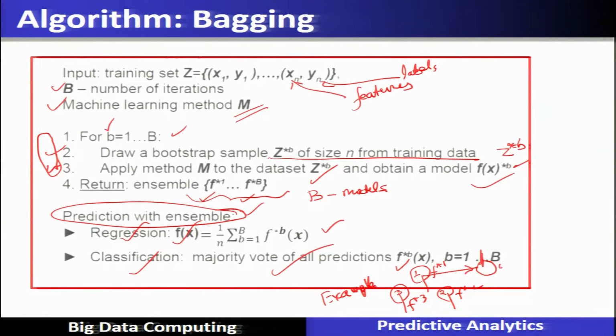Let us say the first is orange, the second tree gives a fruit called mango, and the third tree also gives out its prediction, again orange. Now we have to do a majority voting. In that voting, orange appears twice, hence the prediction output will be orange.